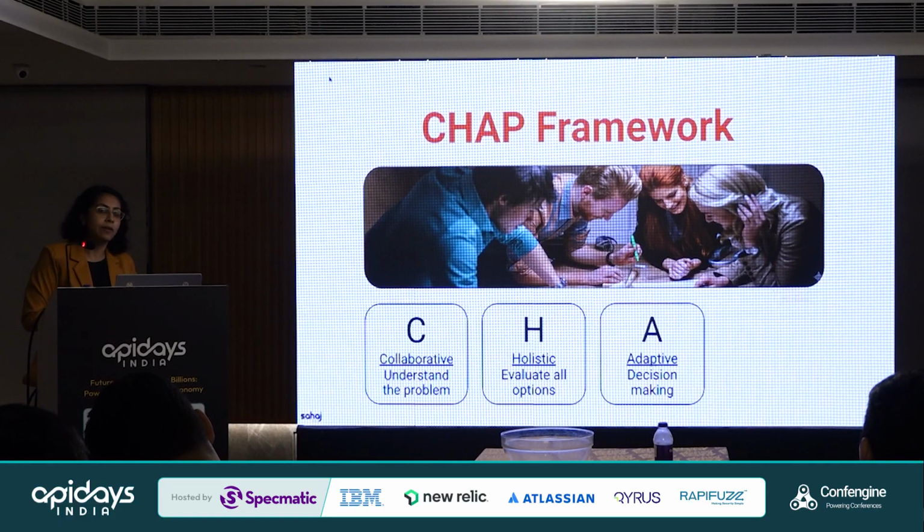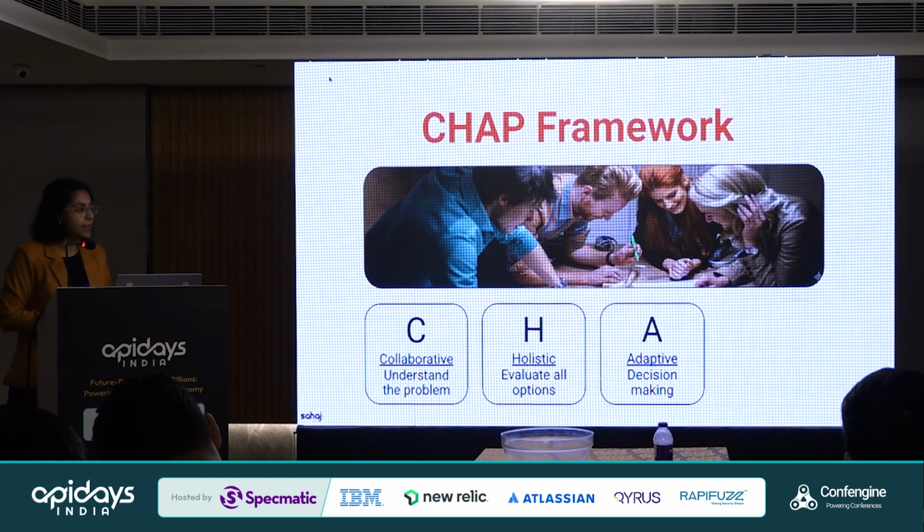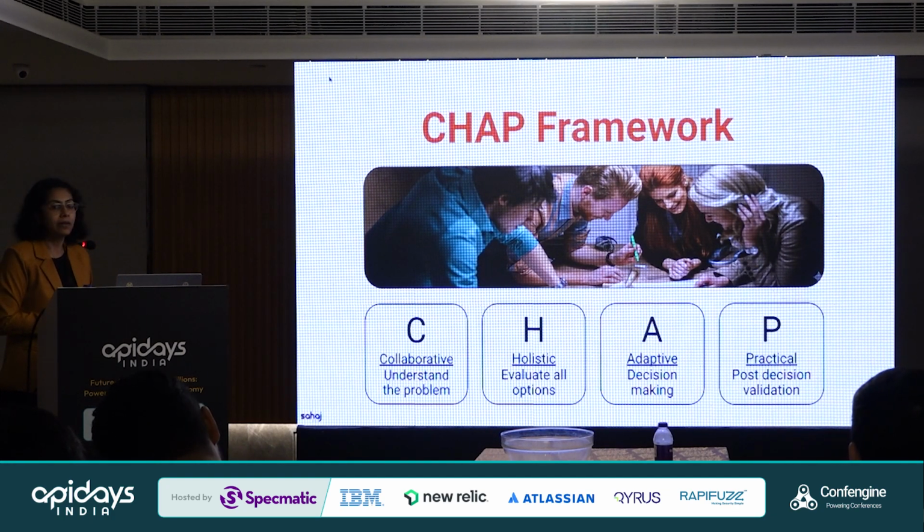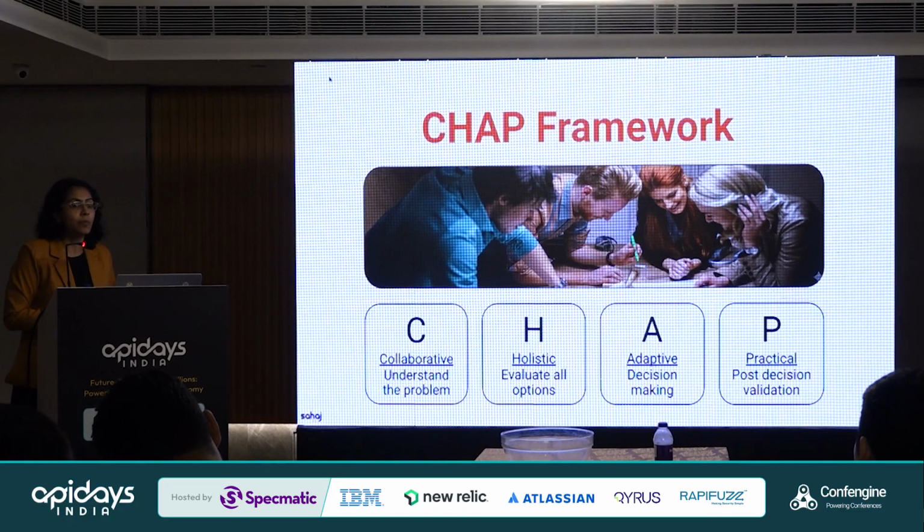Now, we will not just pick one option because it got rated more, but we would be adaptive and try to understand the trade-offs that selecting that tool might bring in. And finally, once we have implemented our systems, we would like to retrospect on it to see how much value it's bringing in production and what further improvement is required.